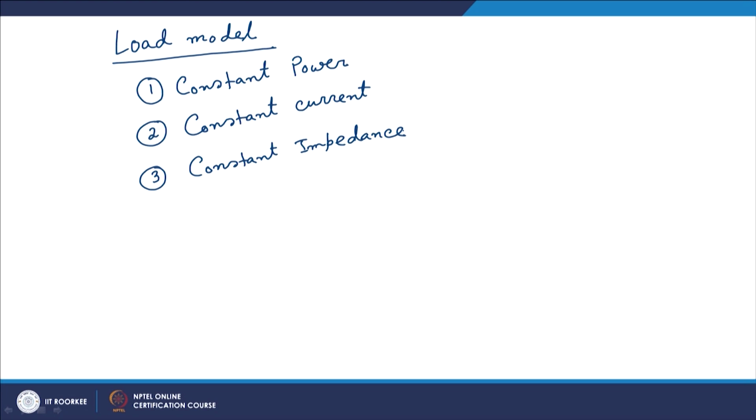Constant power load means that if I have a bus, let us say bus I, and some constant power load is connected, we say that it is taking P plus jQ, that is, some constant value of P and constant value of Q. It means that irrespective of the voltage at this bus, this load will adjust the current drawn by it such that P and Q remain constant.